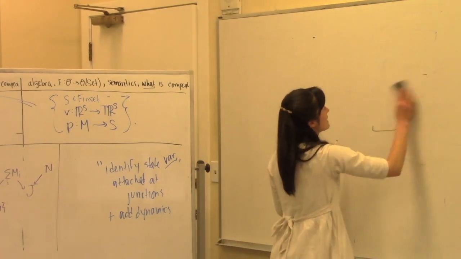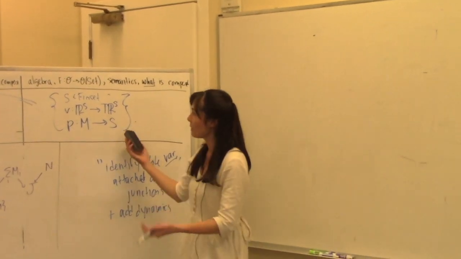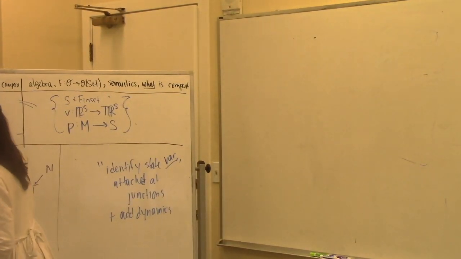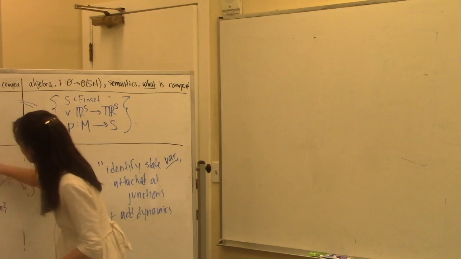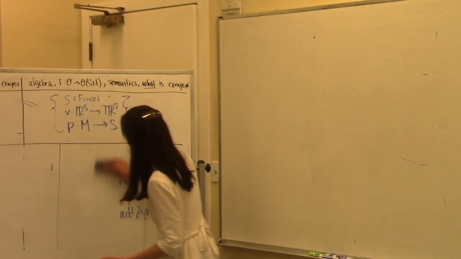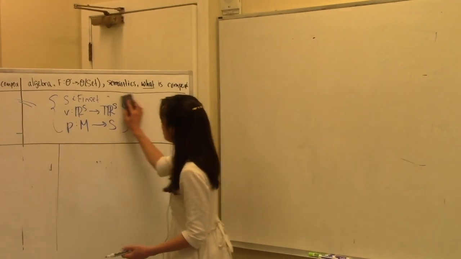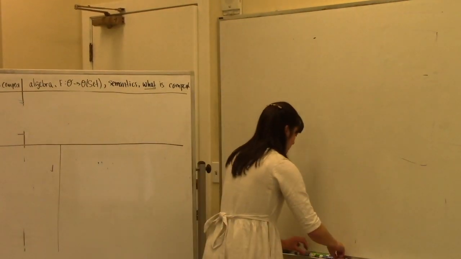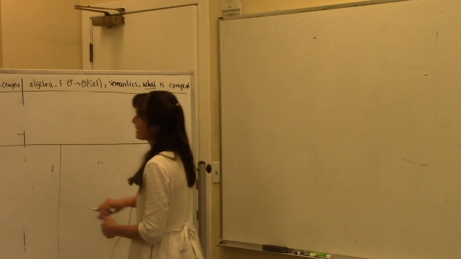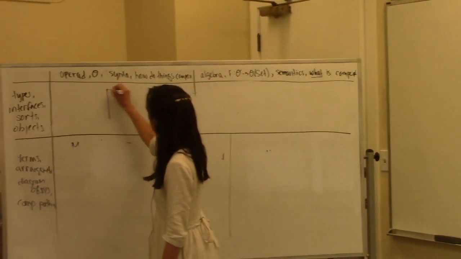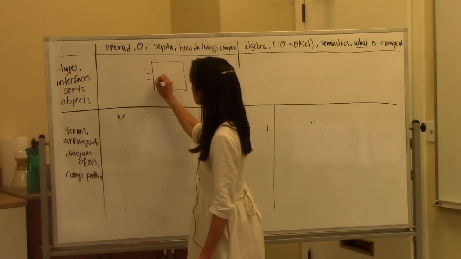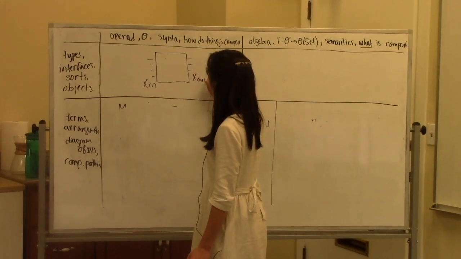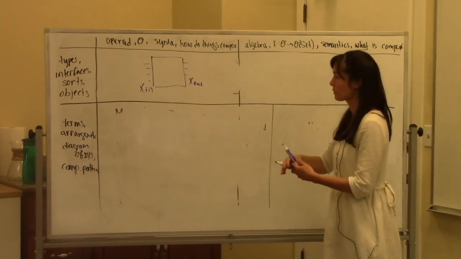OK, so let's start with back to our board of math, what's going on under the hood. What are our interfaces? They are going to be boxes, this time with two sets of ports, an input and an output set, both finite sets of ports.